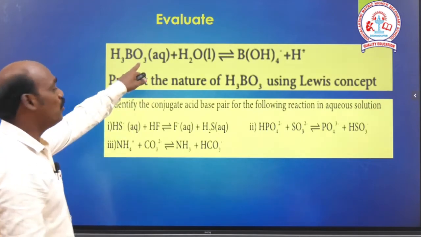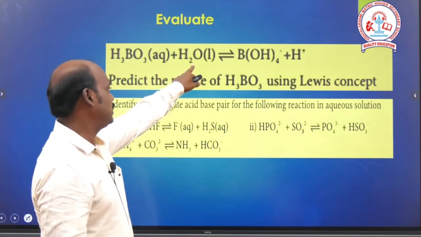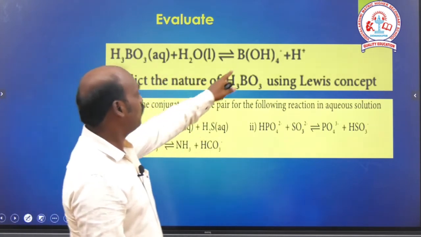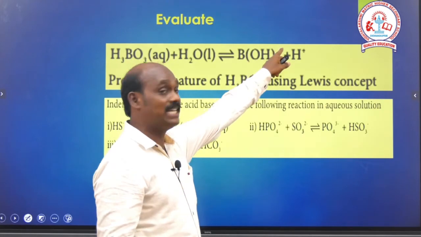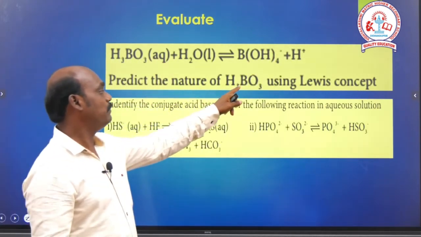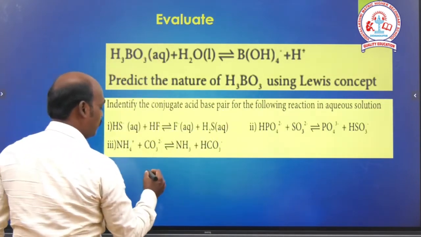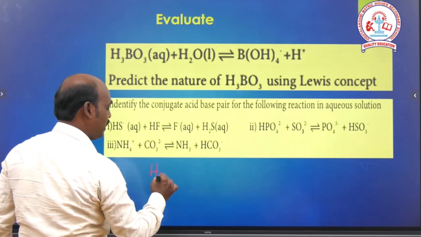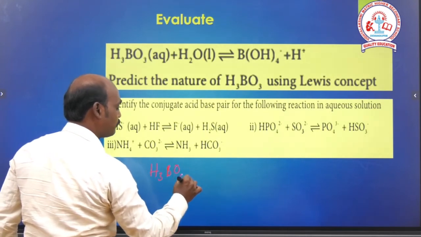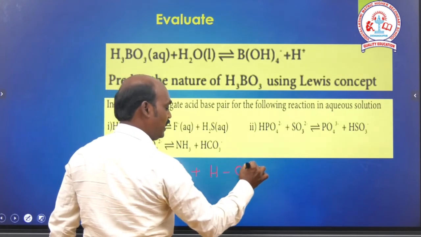See here, boric acid H3BO3 treated with or dissolved in water forms B(OH)4 minus and H plus. Okay, predict the nature of boric acid using the Lewis concept. See here, boric acid H3BO3 treated with water. What is the formula for water? HOH.